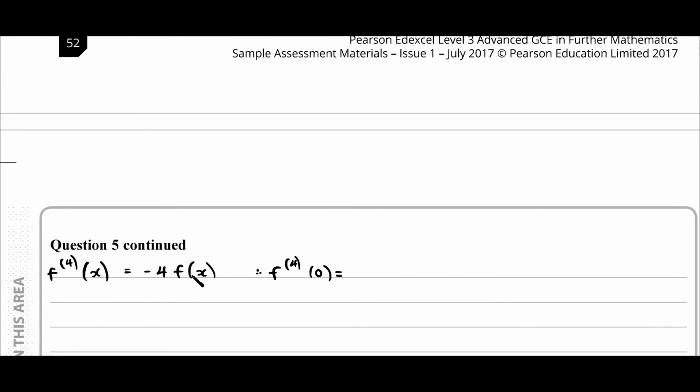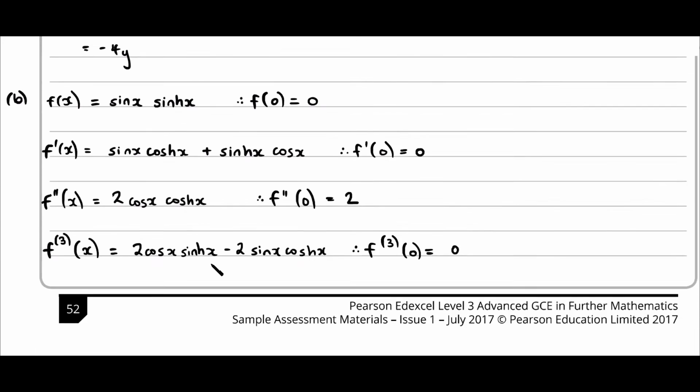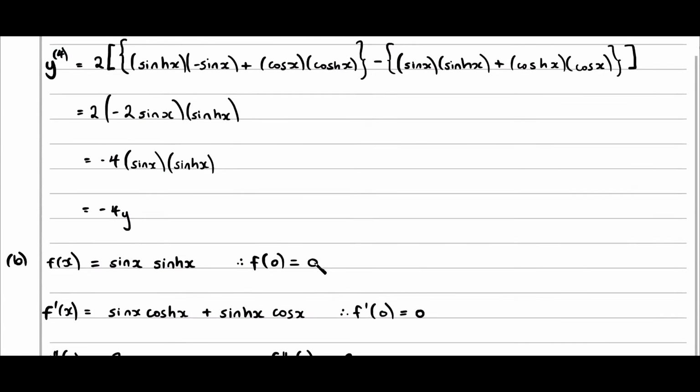So the fourth derivative is equal to minus 4 lots of f of x, and therefore the fourth derivative at the point x equals 0, remember f of 0, we found that to be 0, so minus 4 lots of 0, that's 0.